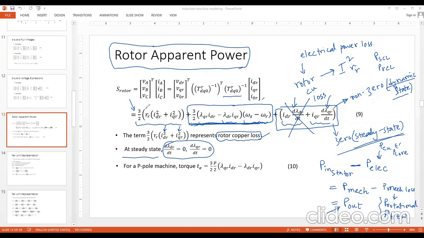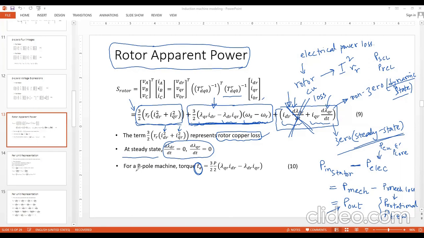And if you deduct this loss, this is the electrical loss, this is the power present in the dynamic state. So in the steady state, you don't have to bother about this. The remaining term is the power which is available for induced torque. So this is your T electromagnetic. TE stands for electromagnetic torque.